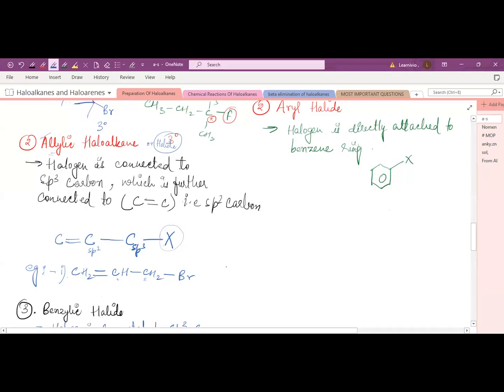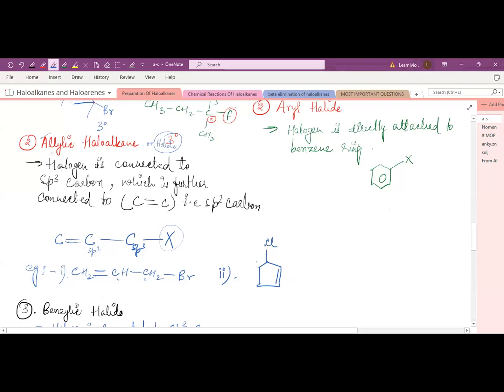Let's see another example. You have to tell me whether it's allylic or not, and you have to tell me the reason also. Just check whether it's allylic or not. Can you please explain how it is allylic?